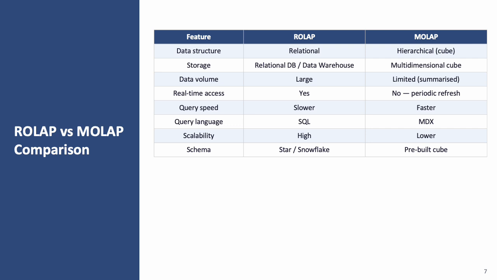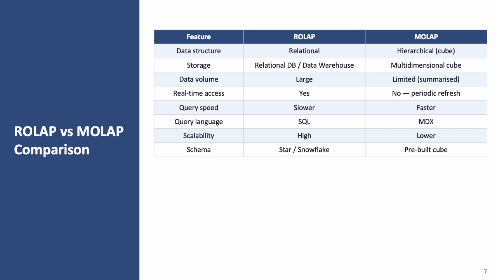First one, data structure. ROLAP stores data in relational tables, the same rows and columns and foreign key relationships we have already studied. MOLAP stores data in a hierarchical cube structure where dimensions nest within each other.